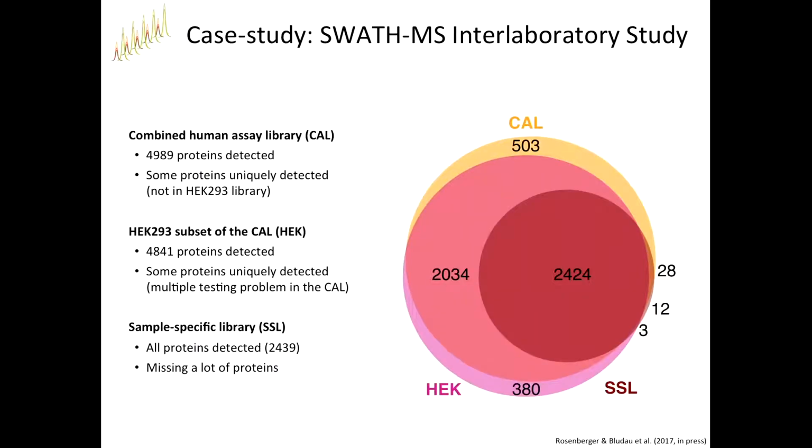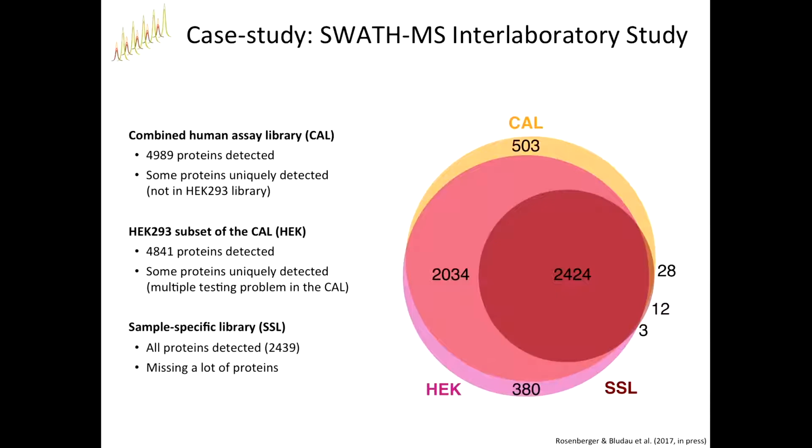So if you look at the total number of detected proteins, you can see that for both the combined assay library and the HEK subset library, you find almost the exact same amount of proteins. These few proteins that are exclusively found with the combined assay library represent kind of the opportunity gained due to a larger search space, and a few things that were probably too low abundant in the HEK cells to be detected in DDA.